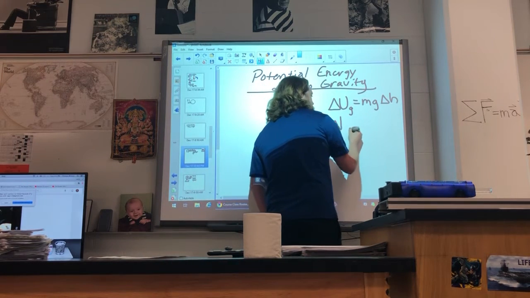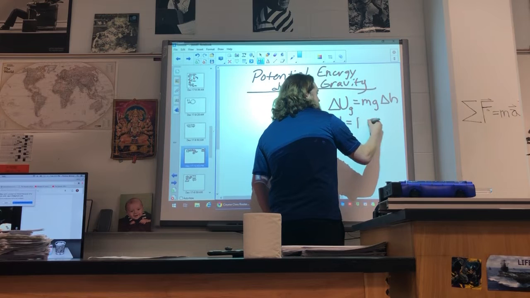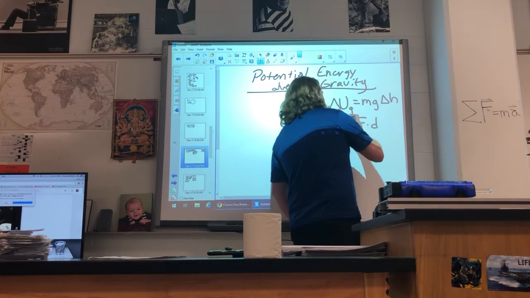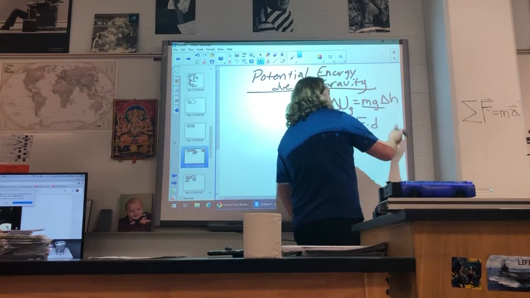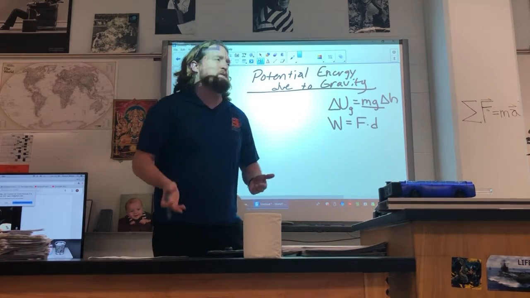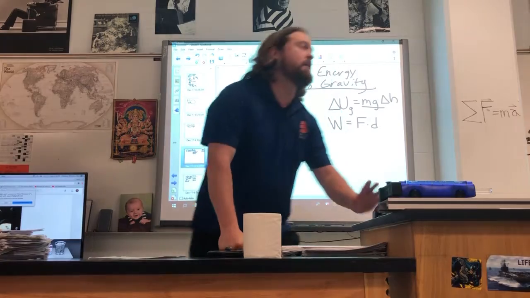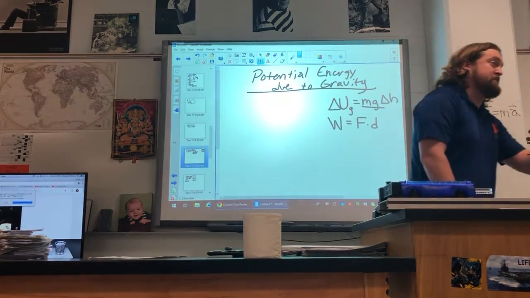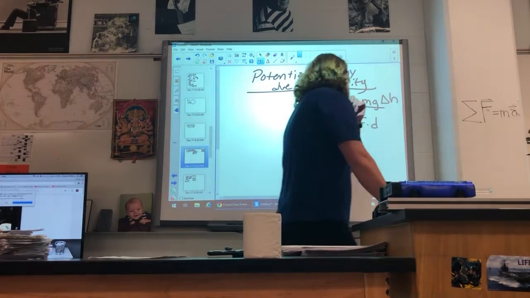The reason being is that work is force times distance. If that force is constant, then you could just take whatever that force value is and multiply it by the parallel distance of which the force points, which in this case would be mg times h, always reliably gives you a dot product that's complete.